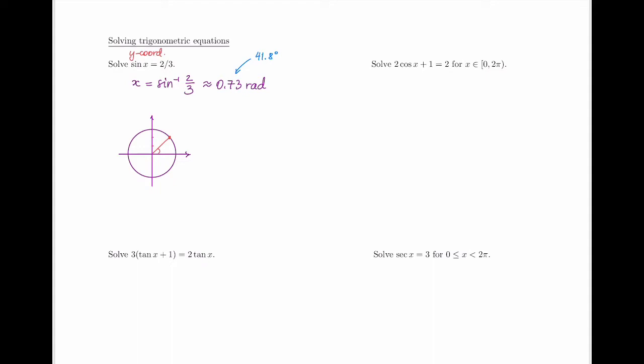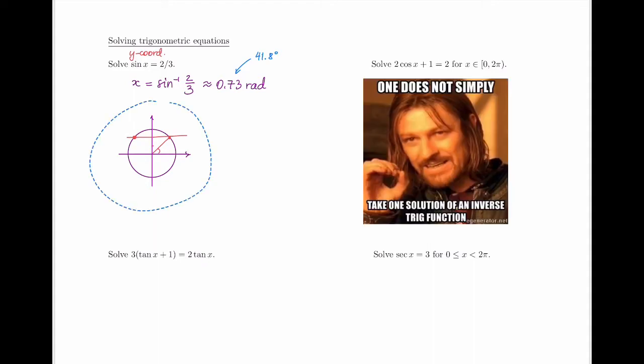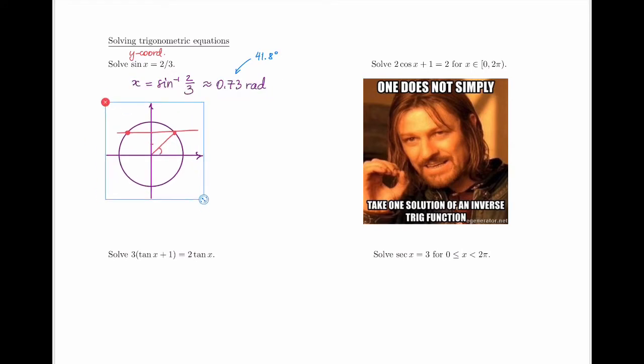Now, however, what the calculation doesn't show us is that there is, of course, another point right here on the opposite side that will also have a y coordinate of 2/3. And so here we will have to work the coordinates of that point out for ourselves. Let me make this a little bit bigger so we can see how that works out on the circle.